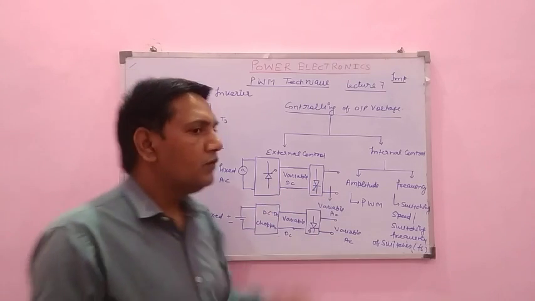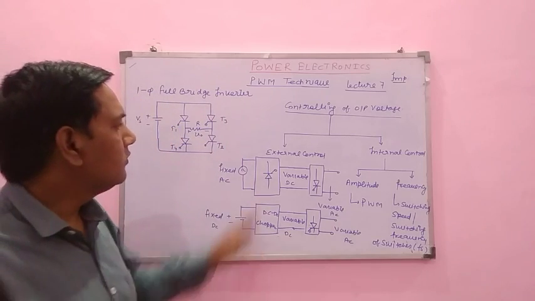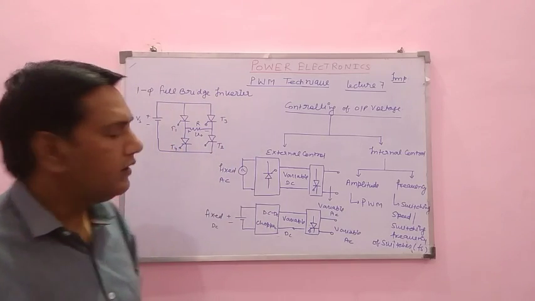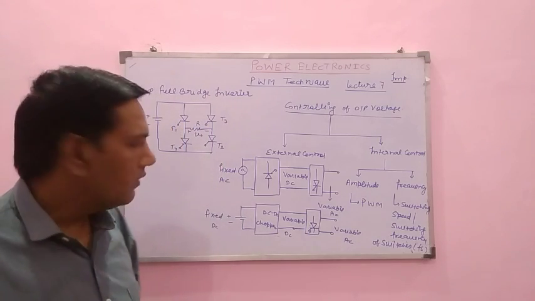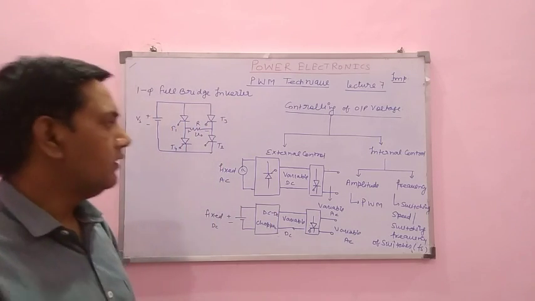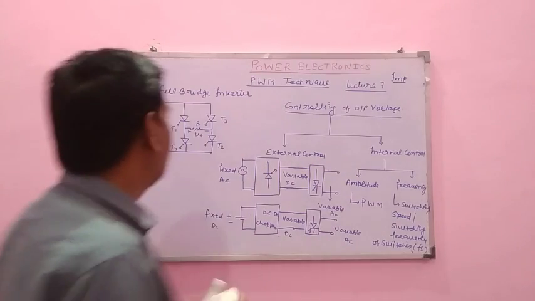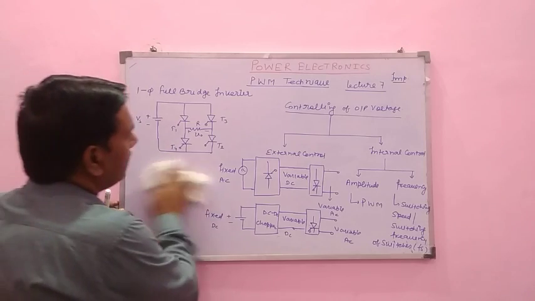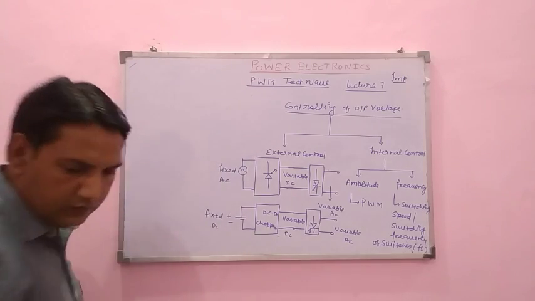When switching losses increase, the system efficiency will decrease. And when the converter circuit is added, the cost of the system will increase. So there are some drawbacks of external circuit, so we can write here drawbacks of external control.